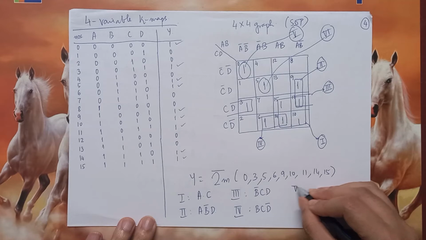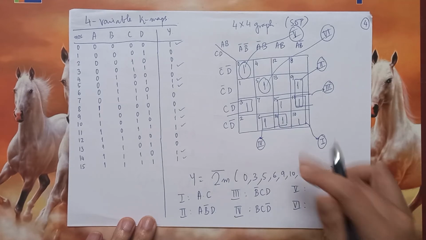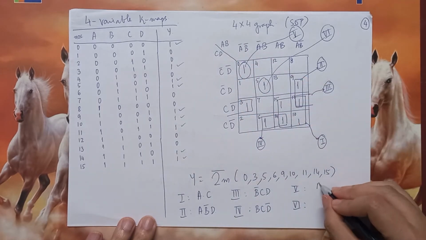5 and 6 are just what they are. 5 is A bar, B bar, C bar, D bar.